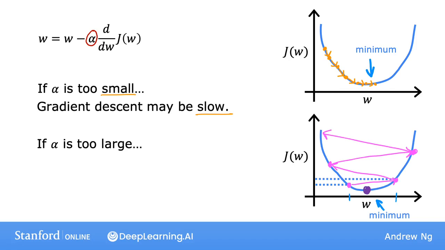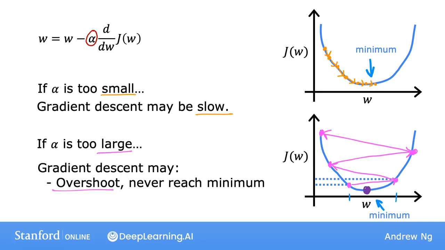So as you may notice, you're actually getting further and further away from the minimum. So if the learning rate is too large, then gradient descent may overshoot and may never reach the minimum. And another way to say that is that gradient descent may fail to converge and may even diverge.